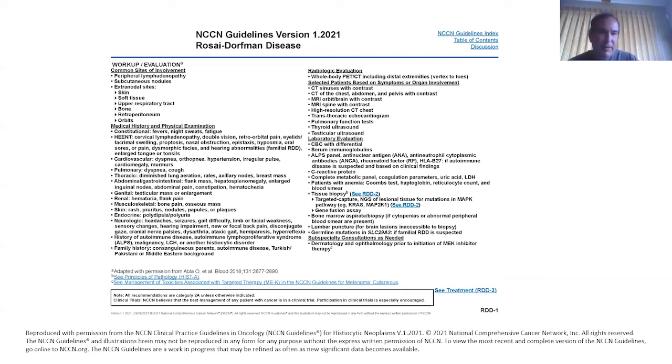And then, as previously noted, for LCH and ECD, targeted imaging of certain organ systems such as the brain, or the heart or the thyroid can be important depending on the clinical context. And then a similar battery of blood tests that we send for RDD as we send for the other histiocyte conditions. Next slide, please.